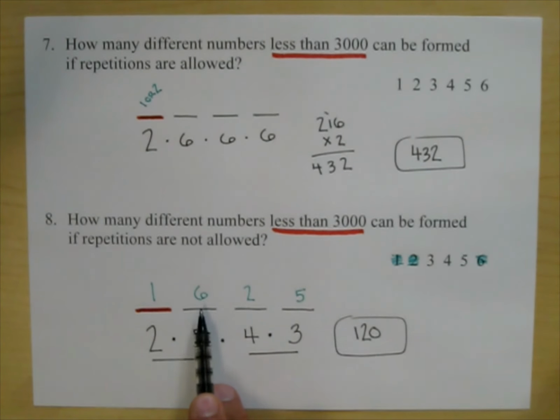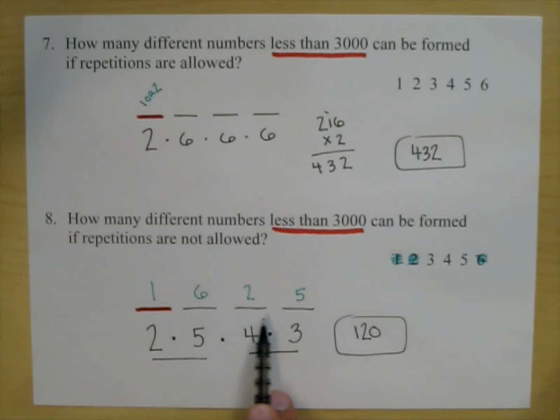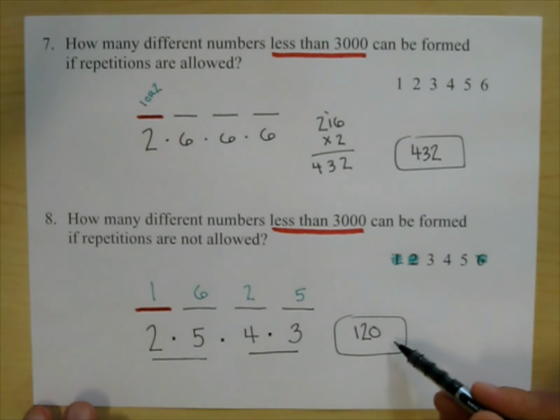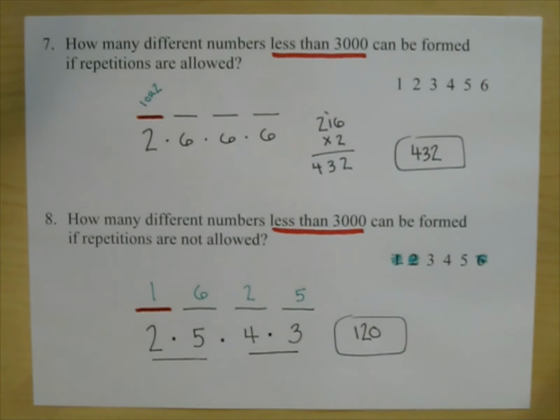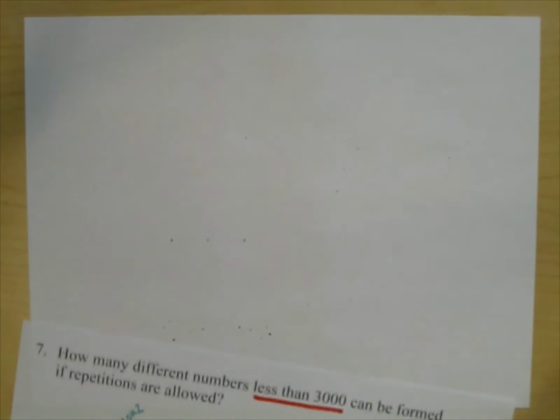And 1,625 happens to be one of the 120 answers. But we don't have to list them all out, thankfully, because that would be listing out 120 answers. We just have to say how many there are. So that's how you do problems 7 and 8. We're almost done with this lecture here. We're just going to do 2 more problems, 9 and 10.